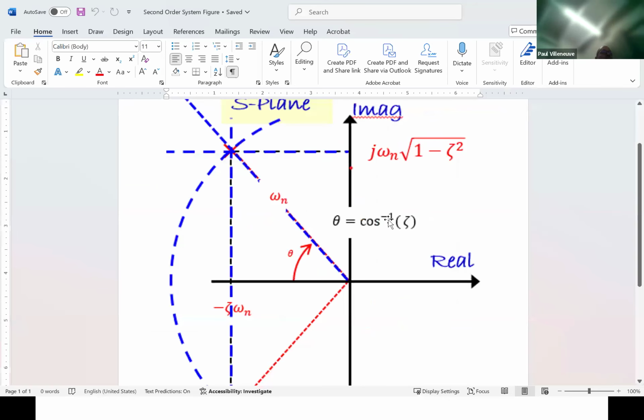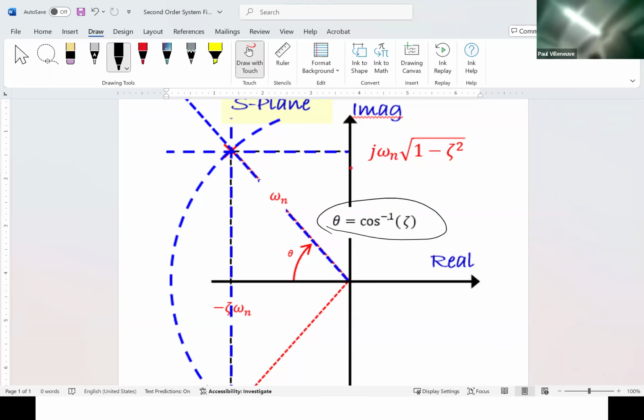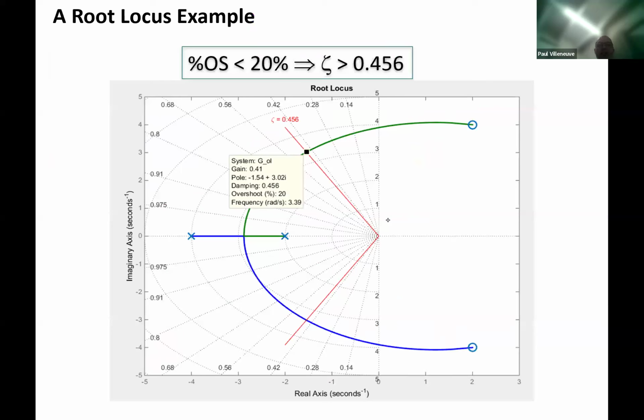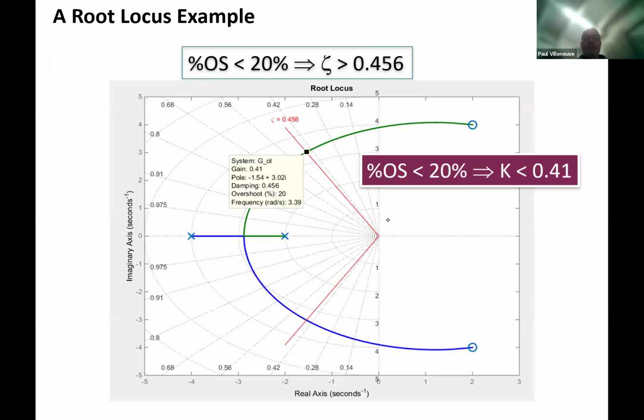Remember this from second order systems? Theta over here is equal to the inverse cosine of zeta, right? So if you want your percent overshoot to be less than 20%, you're going to have to go back in and solve for your value of zeta. Zeta has to be greater than 0.456.